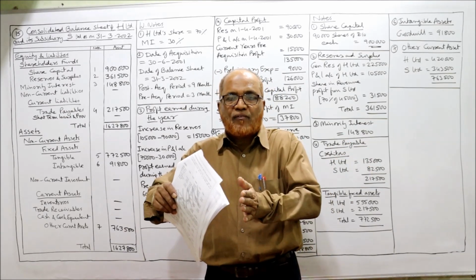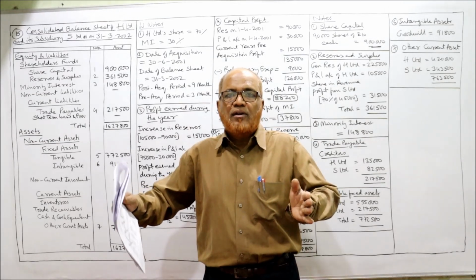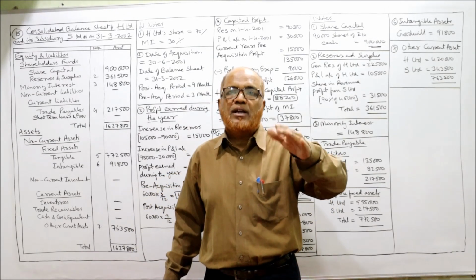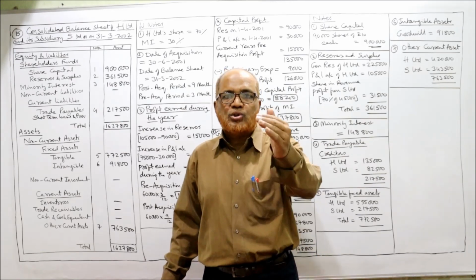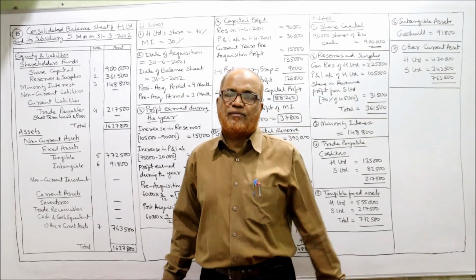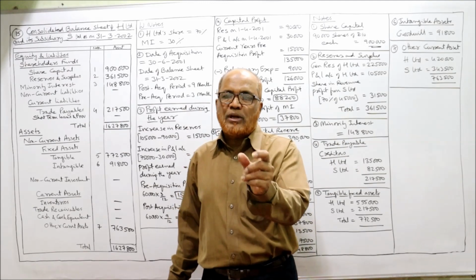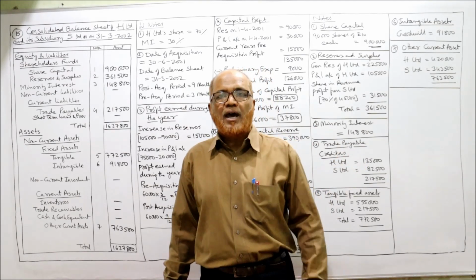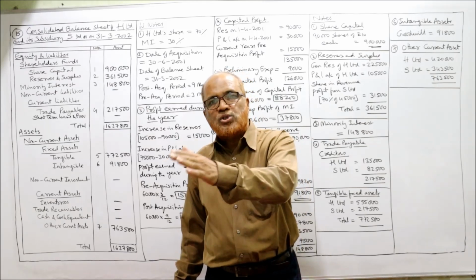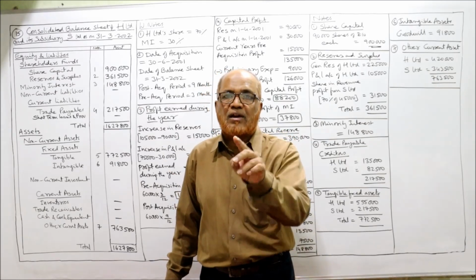So whatever profit earned during the year, we divide the total profit in 3:9 ratio. 3 by 12 profit is pre-acquisition profit, capital profit, and 9 by 12 is the post-acquisition profit, that is the revenue profit.